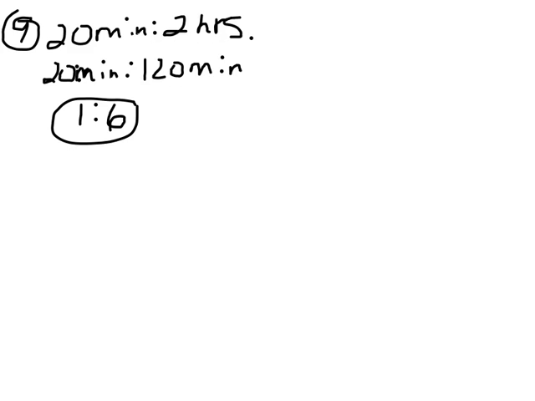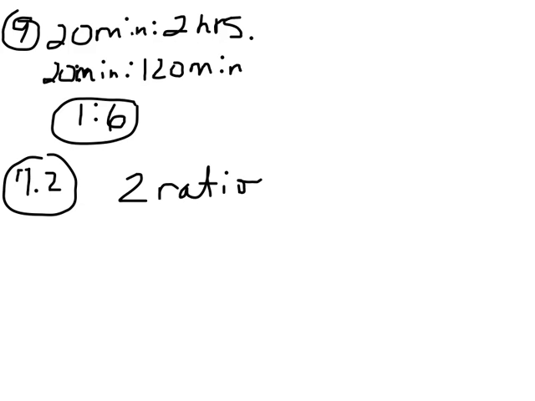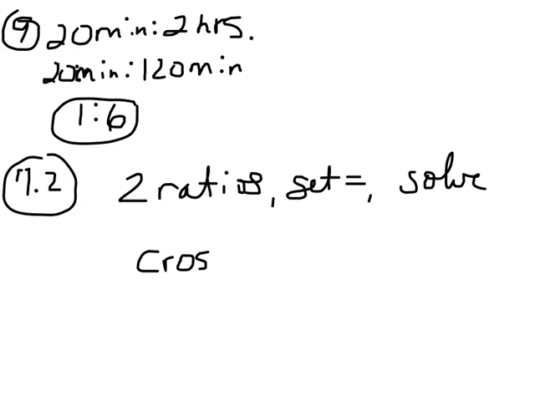Remember that what a proportion is in 7.2 is what we're getting at: we're going to take two ratios, set them equal to each other, and solve. How did we solve proportions? What's a quick way to solve them? Remember, you cross multiply. Do y'all remember that? Okay.